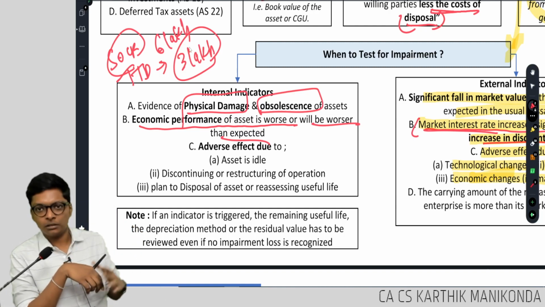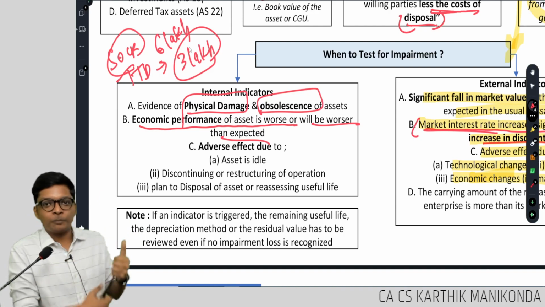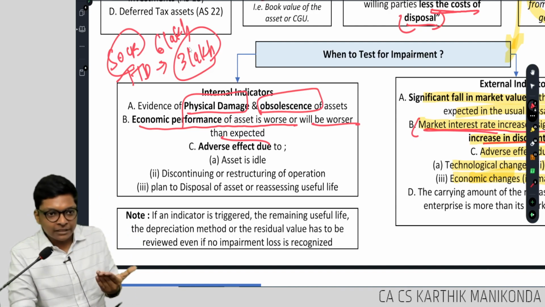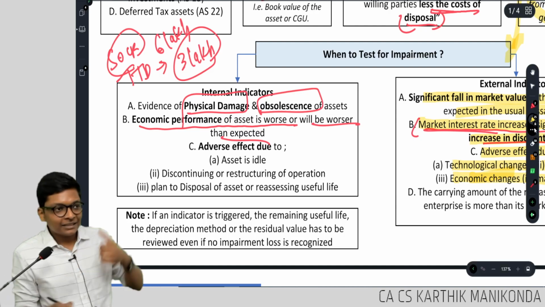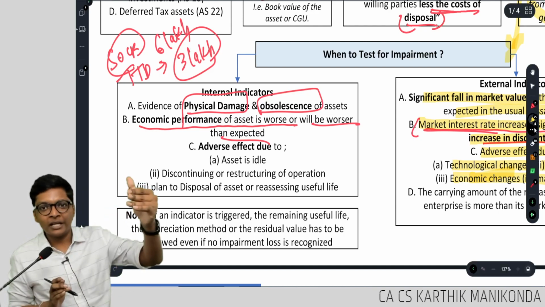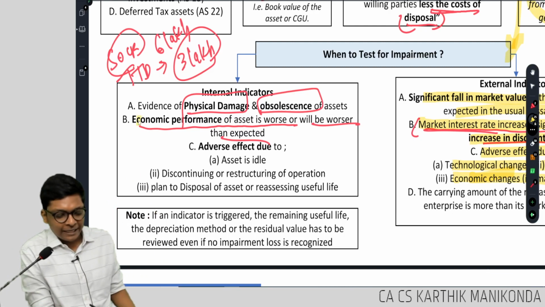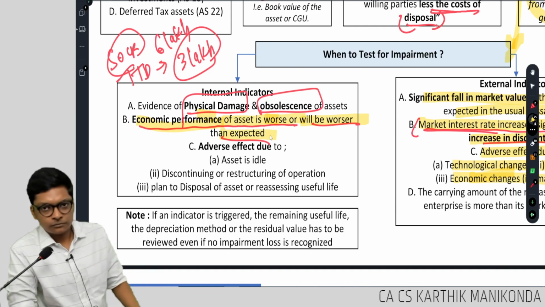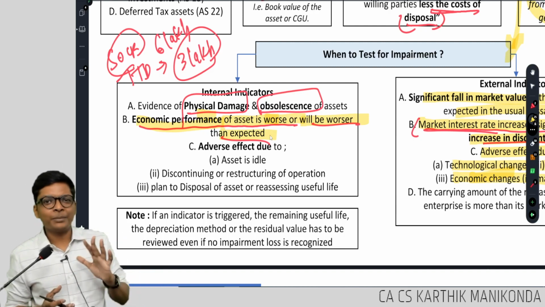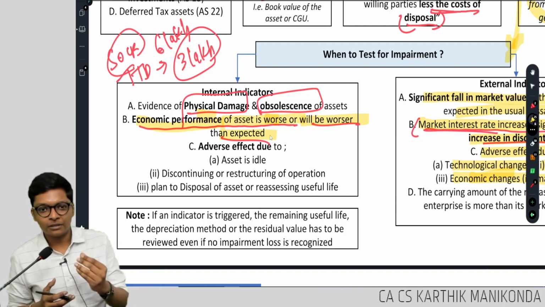Imagine I bought the asset thinking I can make 6 lakh laddus per day. But after I started using, I am only getting 2 or 3 lakh laddus per day. So I expected 6 lakh laddus and planned my useful life. Now it's falling. Now read this point. Economic performance of the asset is worse than expected. Are you following, guys?